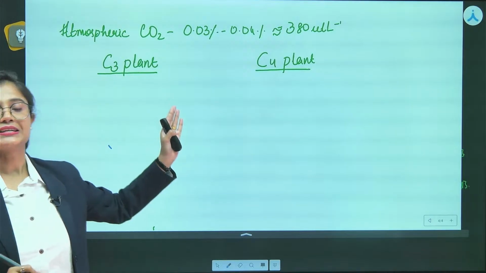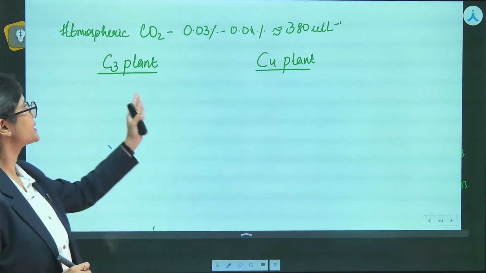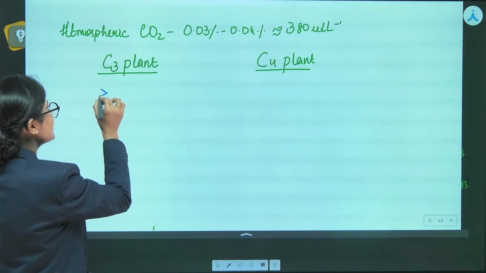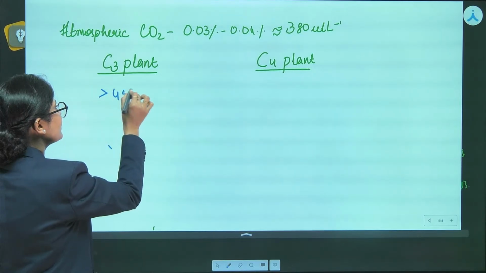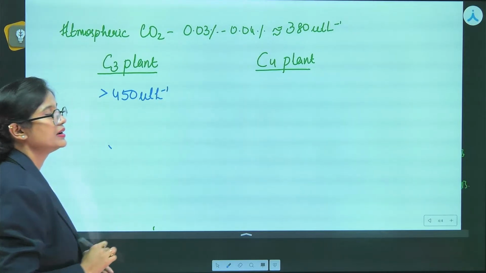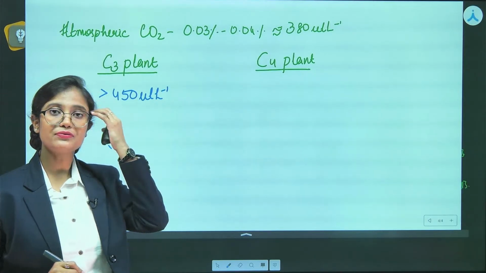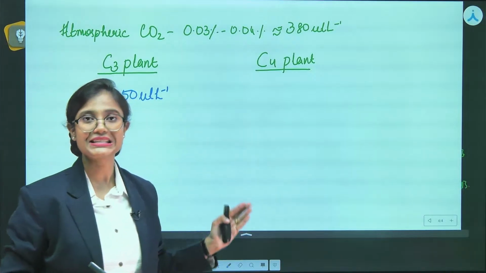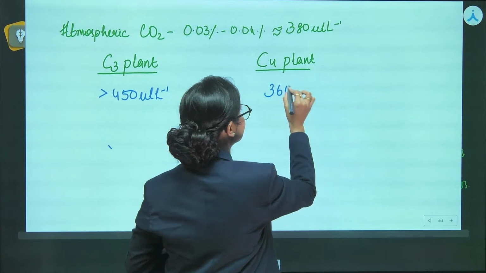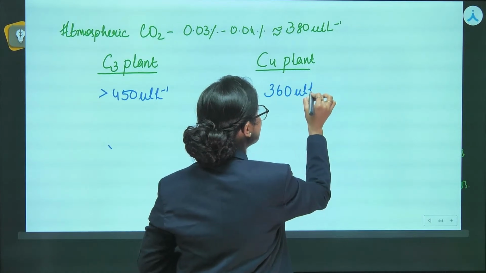Here the saturation of carbon dioxide in C3 plants is beyond, greater than 450 microliter per liter. But in C4 plants, the requirement for carbon dioxide is 360 microliter per liter.